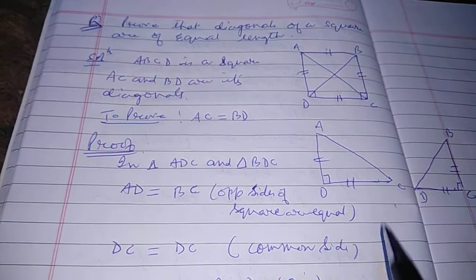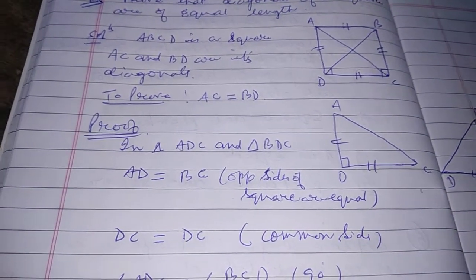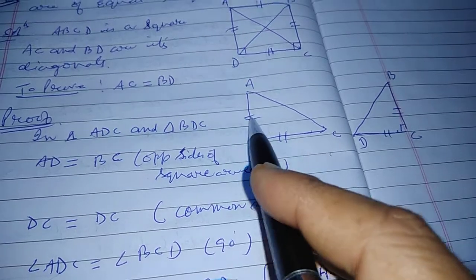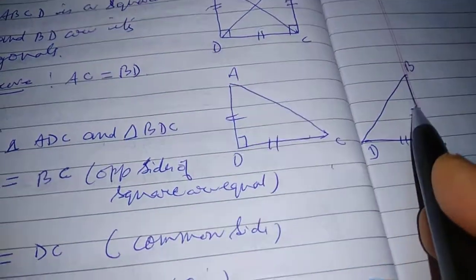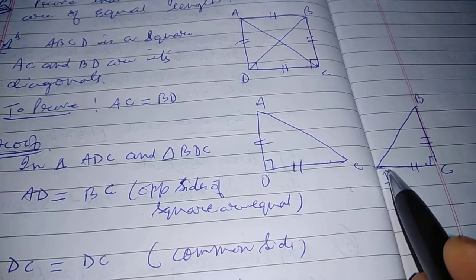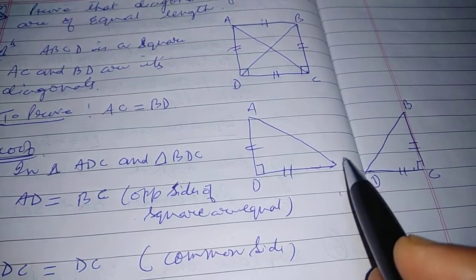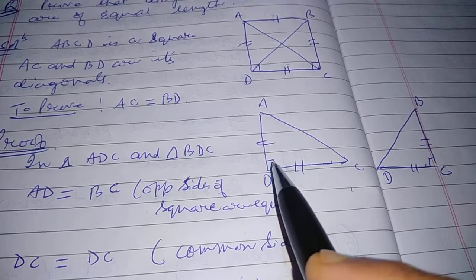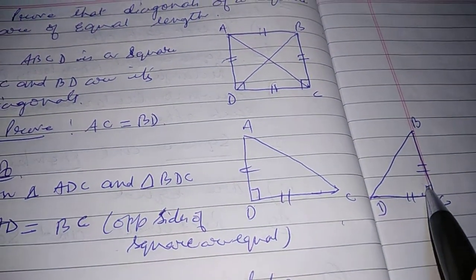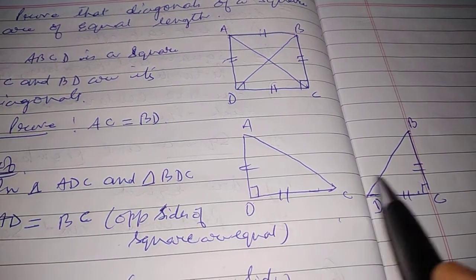Again I am telling you, in these two triangles, AD and BC are equal because these two are opposite sides of the square. This DC and this DC are common to both the triangles, and this is 90 degrees and this is also 90 degrees because these are angles of a square.